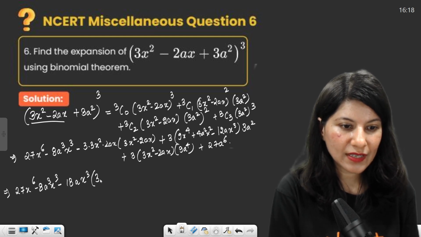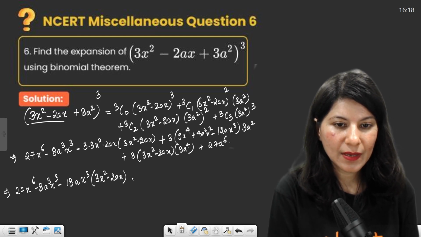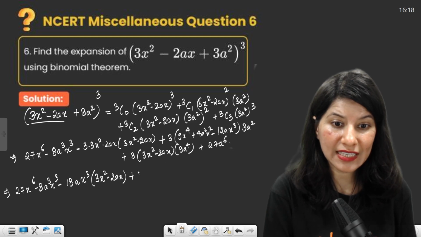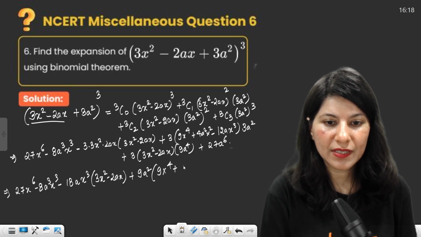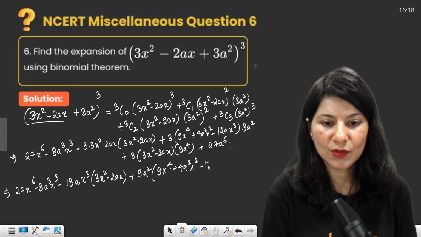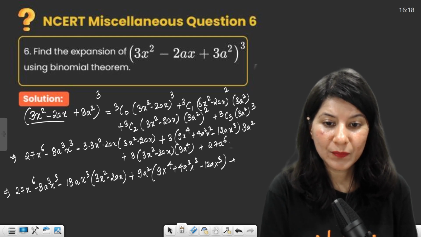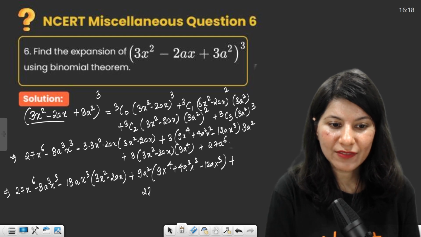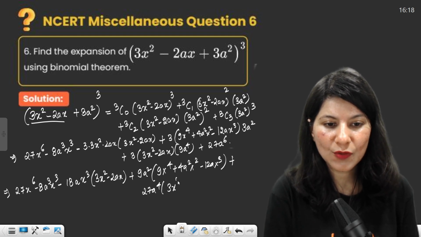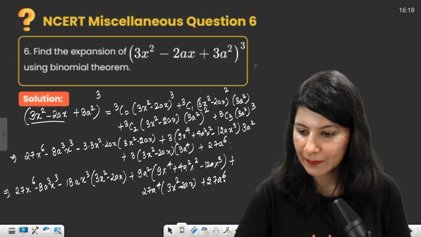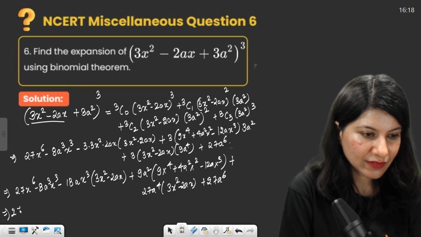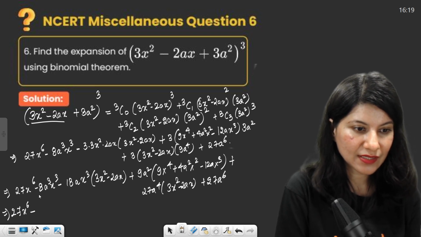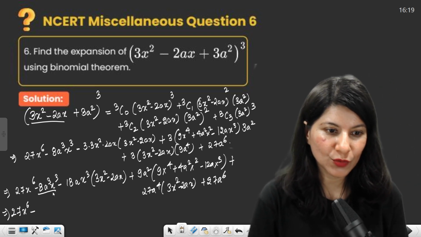Okay. (3x square minus 2ax) plus, here we are having 9a square times (9x4 plus 4a square x square minus 12ax cube) plus 27a power 4 (3x square minus 2ax) plus 27a raised to power 6. Okay. So finally we are having 27x raised to power 6 minus 8a cube x cube.